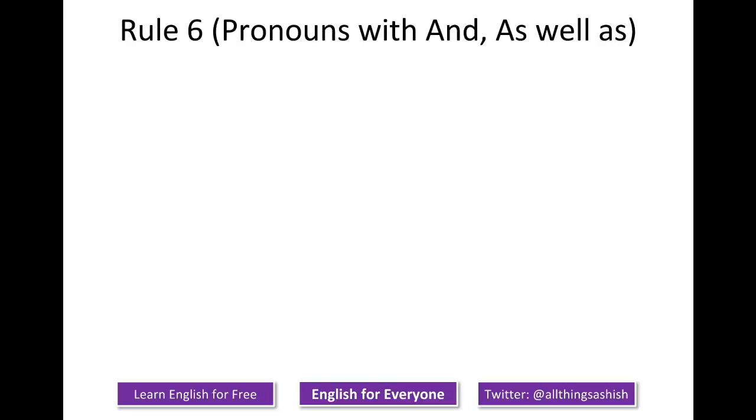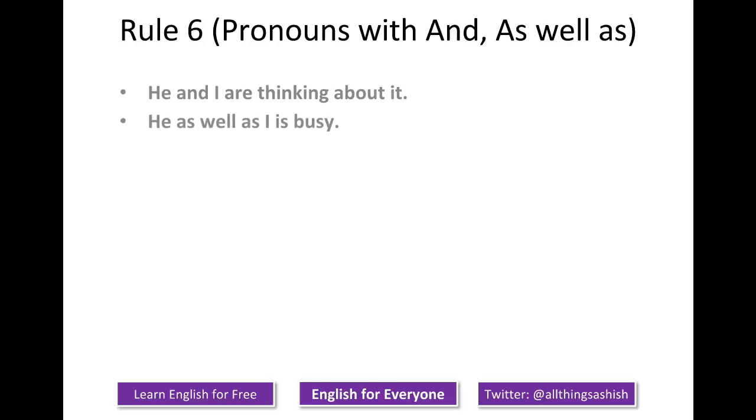Let's look at rule number 6, pronouns with and as well as. He and I are thinking about it. He as well as I is busy. So both as well as and mean or in Hindi.